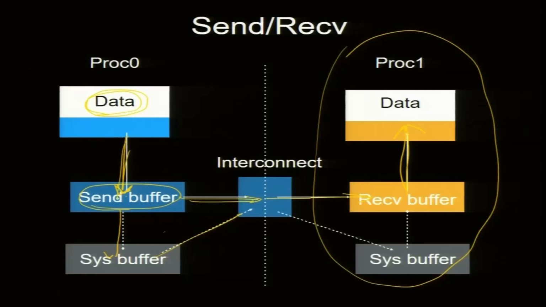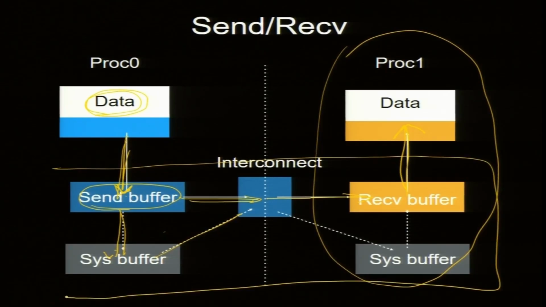So, there is one copy here, then the system buffer, depending on the need. You do not need to worry about this part, this part is done by the system. In fact, it is opaque, I can't figure out what is happening. So, it is possible that the send buffer will send to the interconnect, or there is another copy, then that goes to the interconnect.